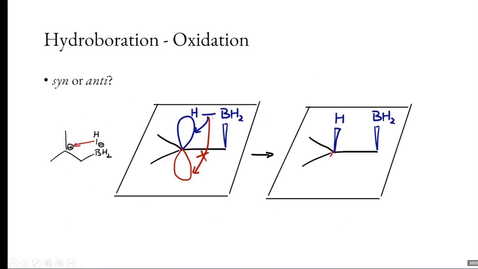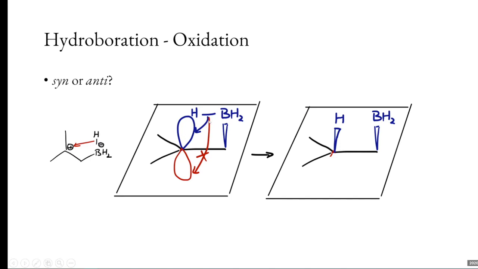And then the hydrogen wants to migrate to this carbon. The hydrogen has two choices. It can either migrate to this big lobe of electron density that is really close, or it can migrate to the big empty lobe that is very far. So obviously it will choose this one because it's closer.